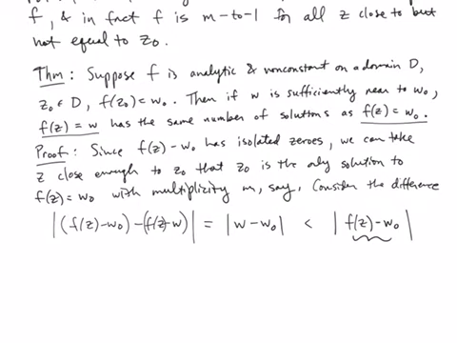So we want this on the boundary of a small disk around z naught of radius r, where z naught is the only solution to f of z equals w naught with multiplicity m in there. And so we just have to choose w close enough to w naught in order to make this the case.